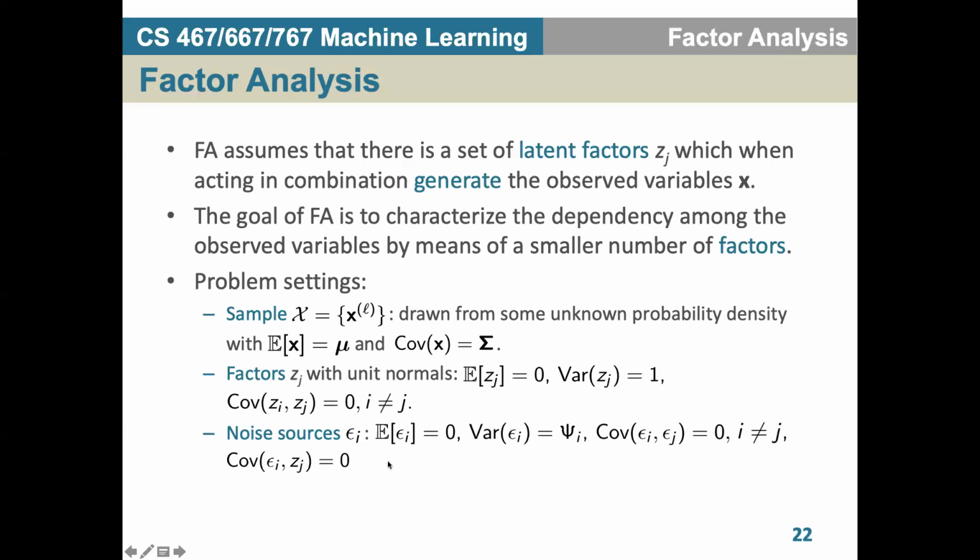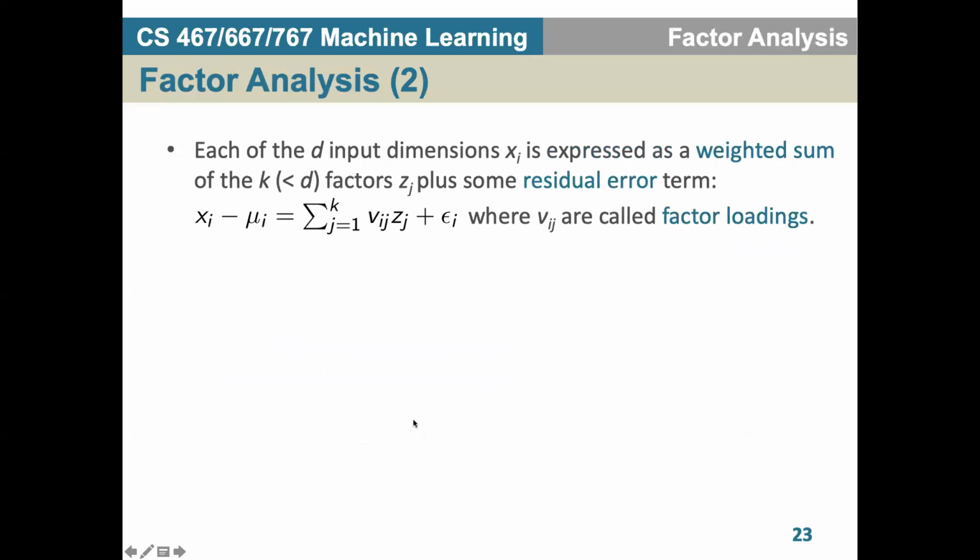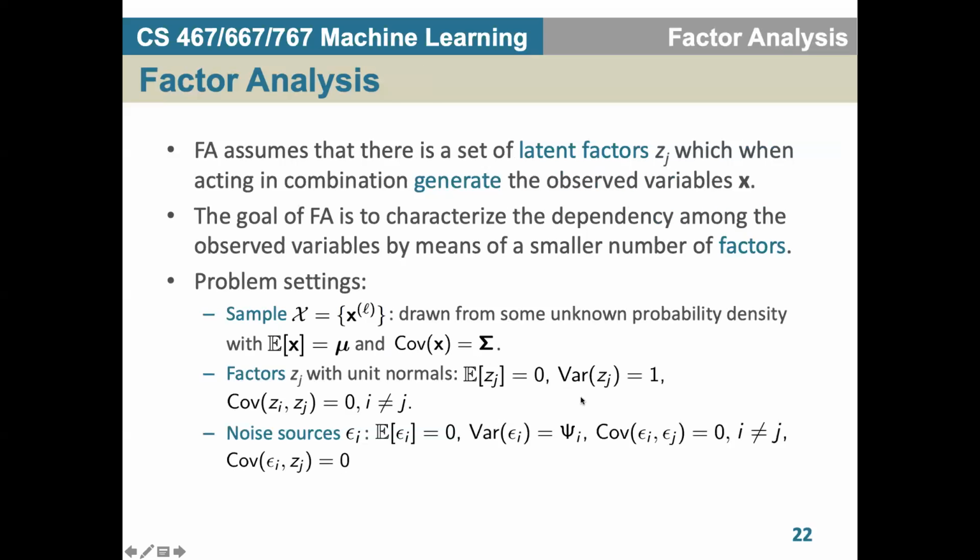Additionally, along each dimension, we also have some noise. The noise is white noise, which means it's not a systematic noise, so there's no bias. Overall, the noise will cancel each other if you pile up enough. So the expectation is 0, but the variance tells how severe the noise is. Again, because we assume they are on different dimensions, the noises are orthogonal, so the covariance is 0, and we assume each noise is on a different dimension from the other components.